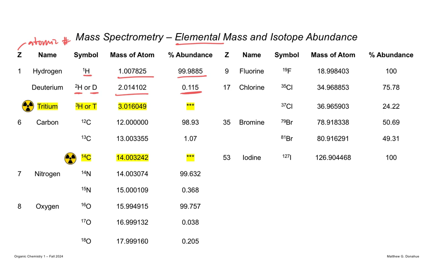And then the little yellow and black propeller there, that's the radioactive symbol. So tritium, 3H or T, now has an atomic mass of 3. The stars mean that it's not appreciably present naturally. It's made synthetically.